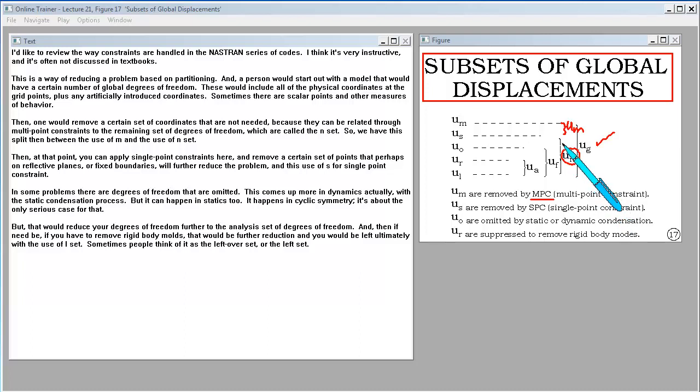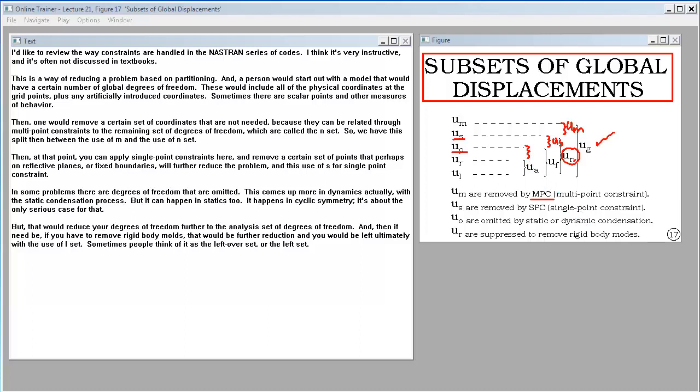Then at that point you can apply single point constraints and remove a certain set of points, perhaps on reflective planes or fixed boundaries, which will further reduce the problem. This is the u sub s, for single point constraint. In some problems there are degrees of freedom that are omitted. This comes up more in dynamics actually, with a static condensation process, but it can happen in statics too.